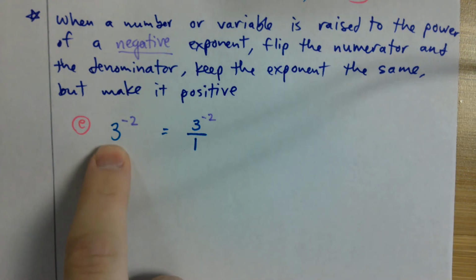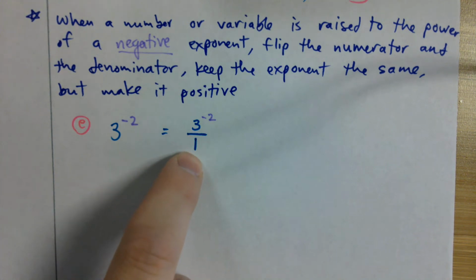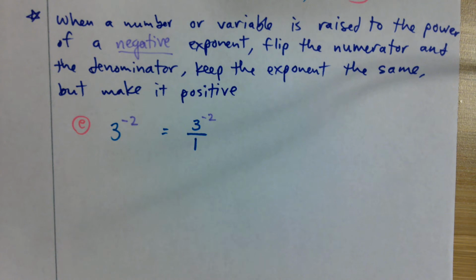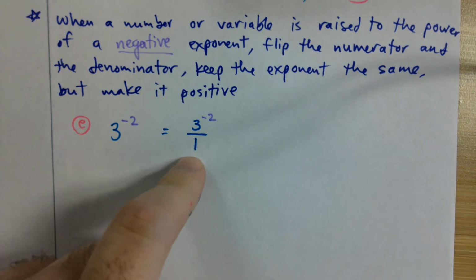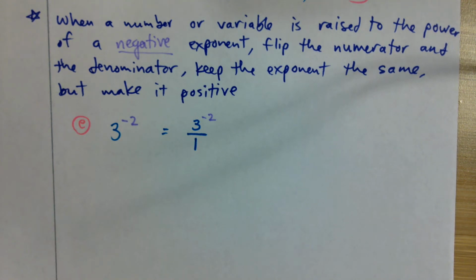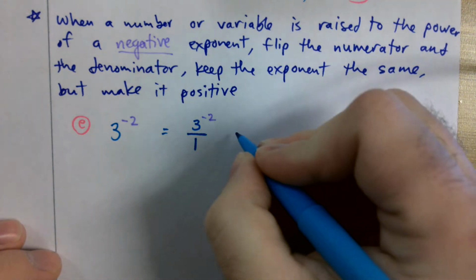Any whole number like this has a secret invisible denominator of 1, because anything over 1 is equal to itself. So we can rewrite it as a fraction just to make the flipping easier. We'll talk about a shortcut after we get through this.